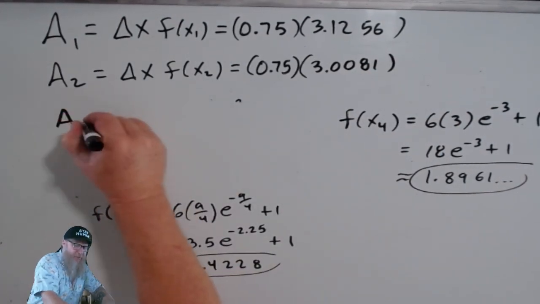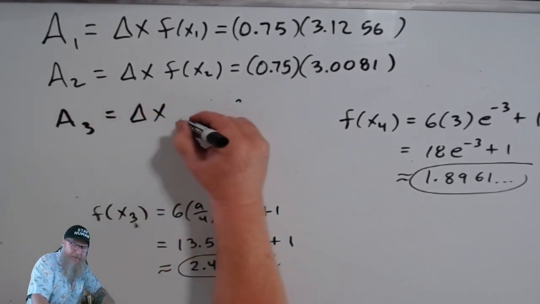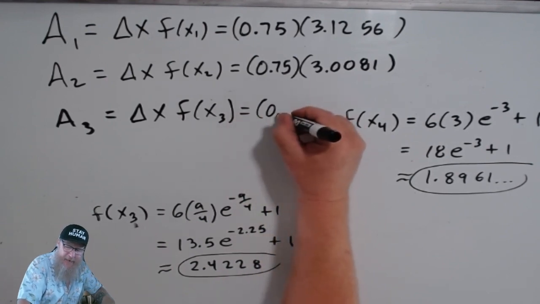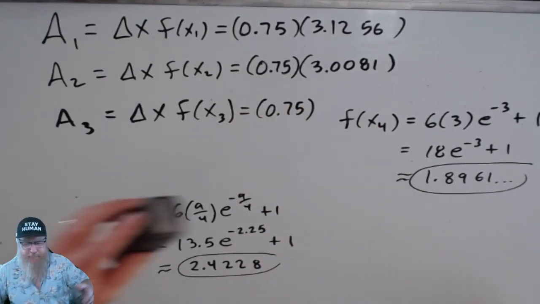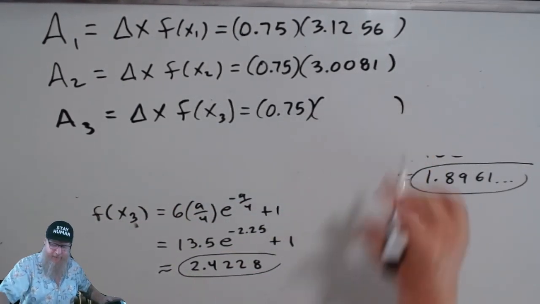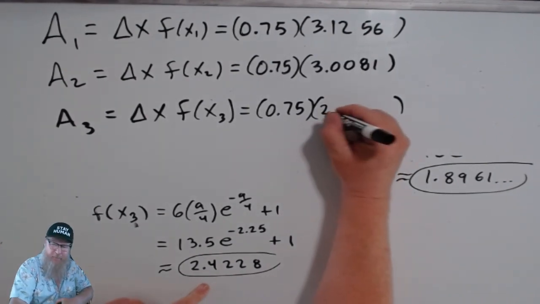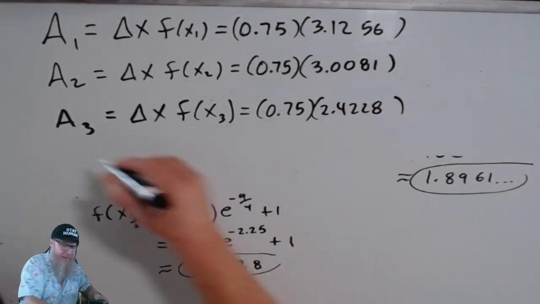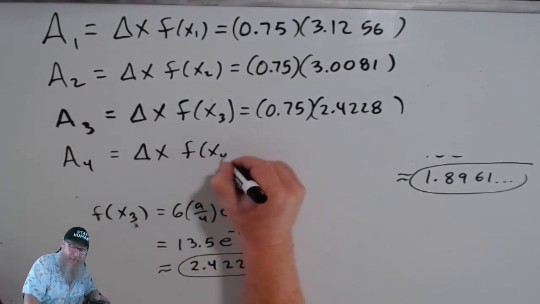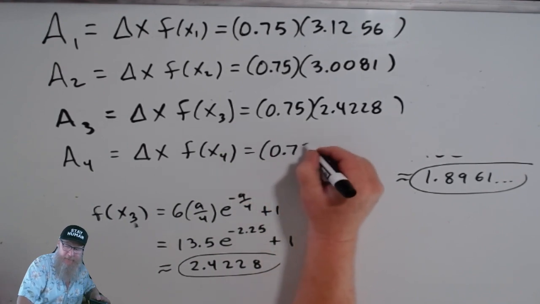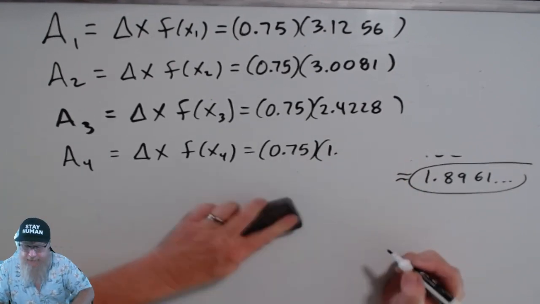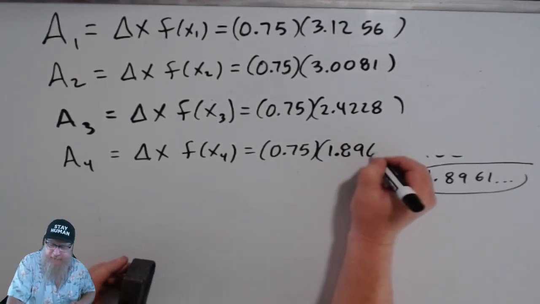And then your A3, delta x, f of x3. Again, keep the delta x the same, and then multiply by f of x3, 2.4228. And then your A4, delta x, is again 0.75, times f of x4, 1.8961.